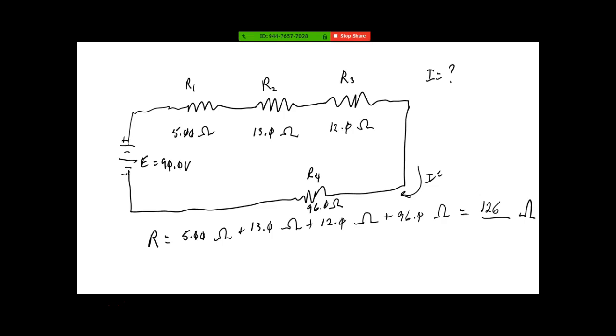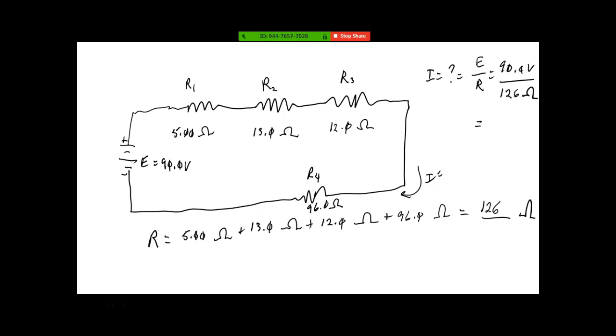Okay? So now that you know the total resistance, what Ohm's law form would you use? I equals V over R. Okay, V over R, in this case E over R. E and V are the same. So that would be 90.0 volts divided by your 126 ohms. And what would be that current? Calculator time, right?